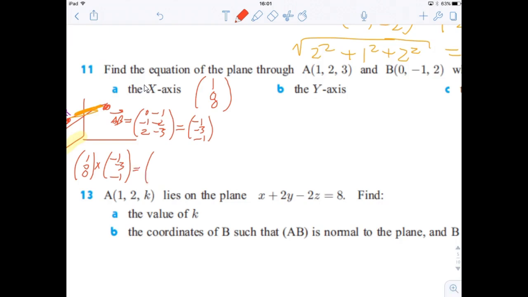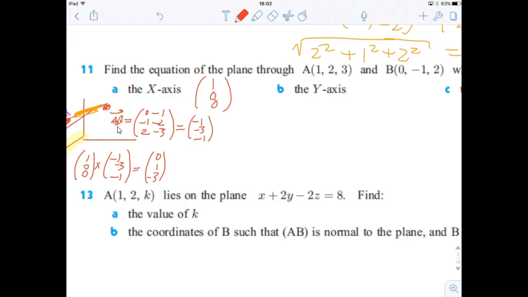So this will be 0, and this will be -1, positive 1. Negative 3, because 1 times negative 3 is negative 3, minus 0. So this will be the normal vector of the plane.